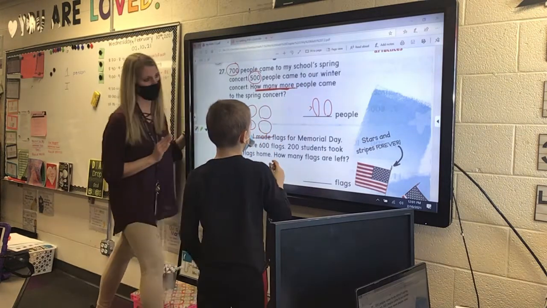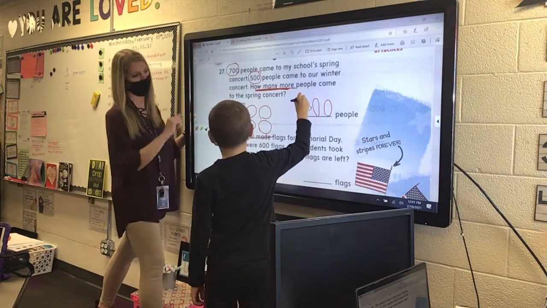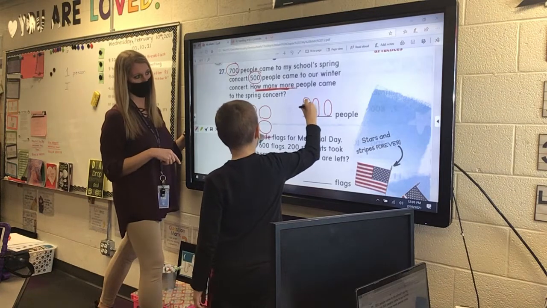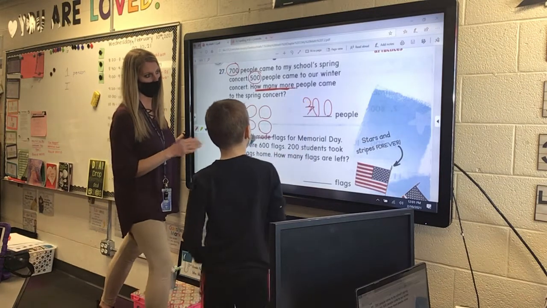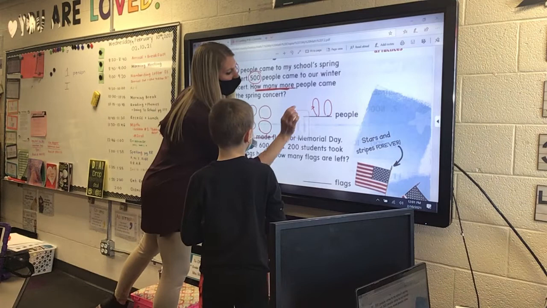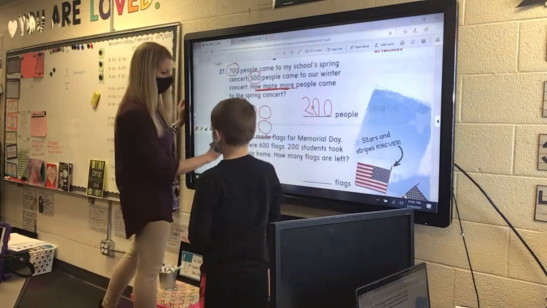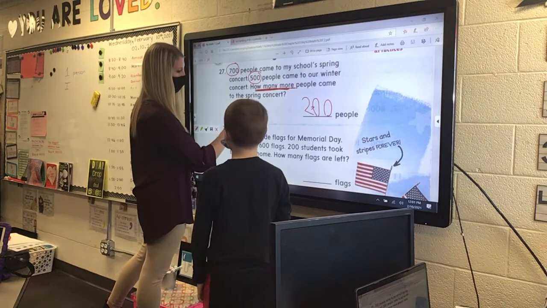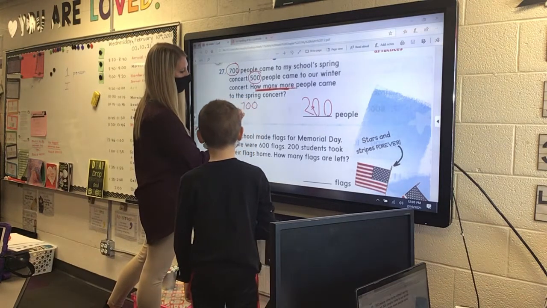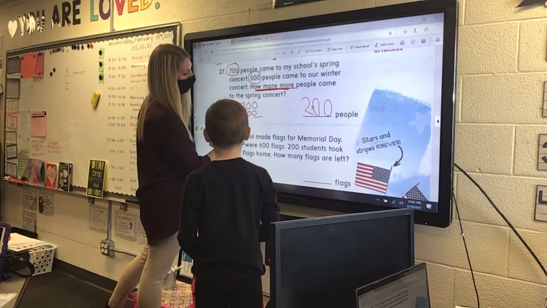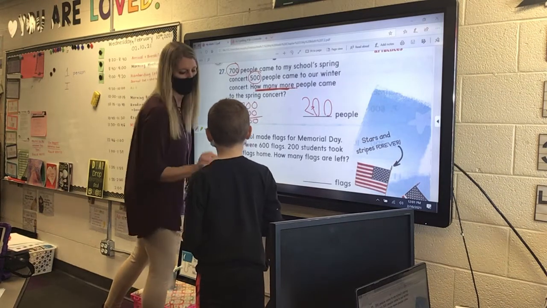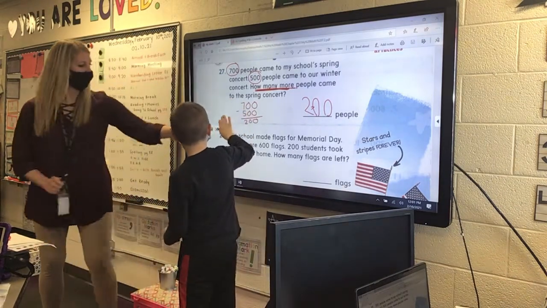You go the other way? Yep. Good job. Oh, you made a 3 there. So go up, around, straight down. All right, good job. No, Mrs. Murphy does that, okay? Because if you drew a stick, then everybody would have to have a turn with that, okay? All right, I just wrote a little bit smaller.